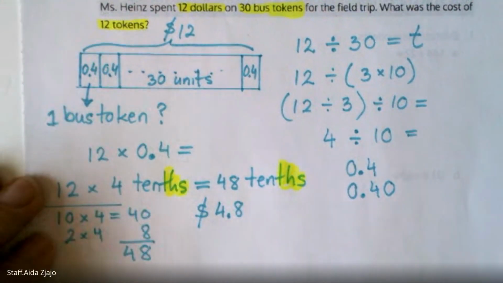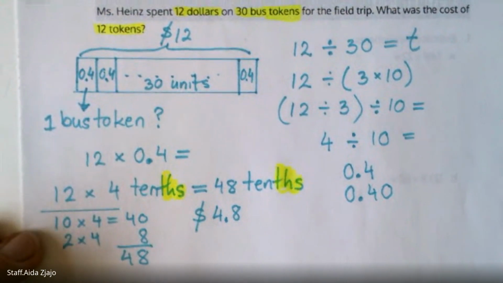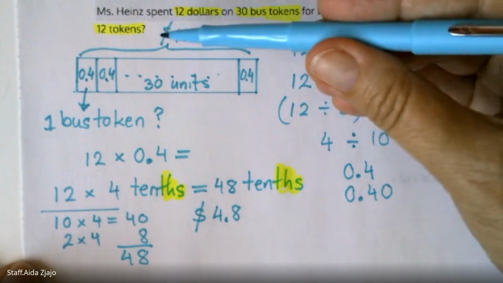We're going to need to write what the cost of 12 tokens is.